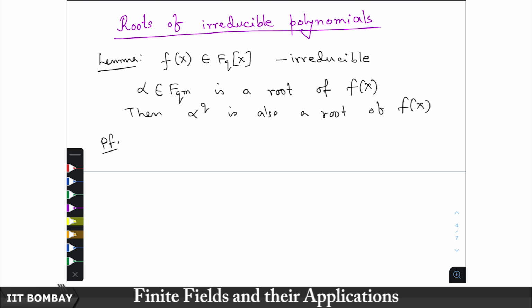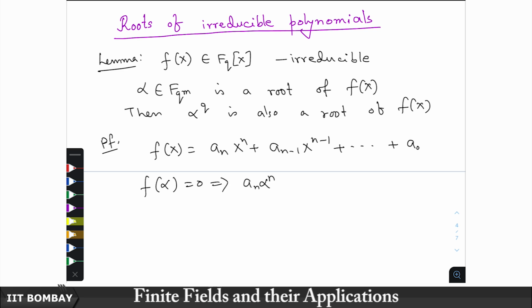So, let us first prove this. Suppose f(x) is given as a_n x^n + a_{n-1} x^{n-1} + ... + a_0, then f(alpha) = 0 means that a_n alpha^n + a_{n-1} alpha^{n-1} + ... + a_0 = 0.